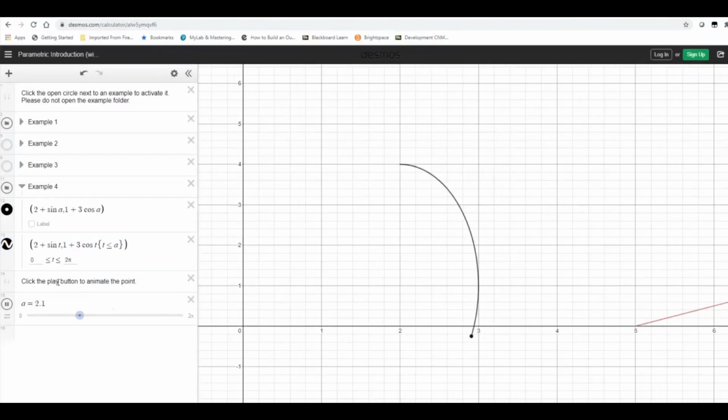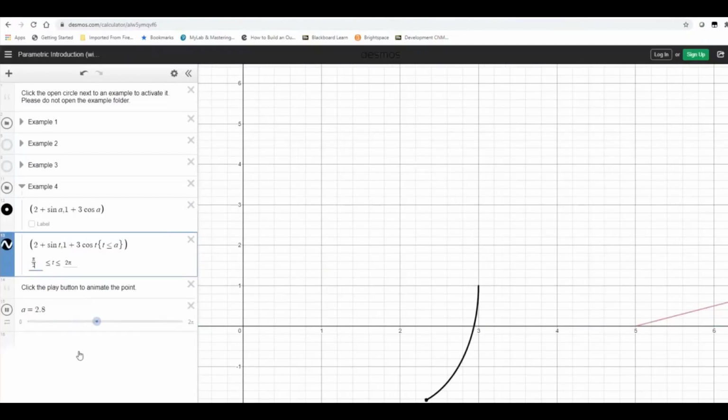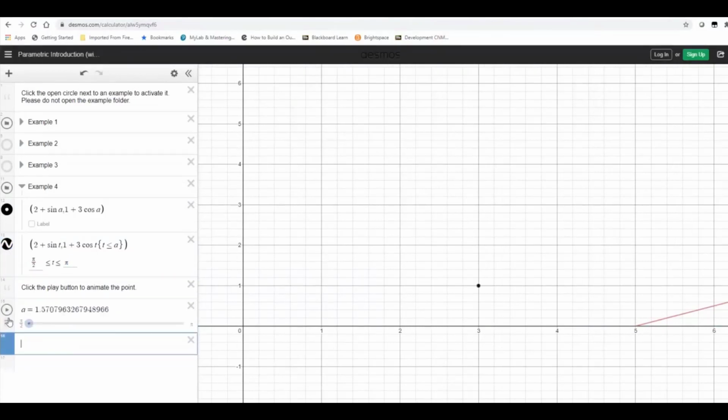And if we further change this to be the given values, like pi over 2 to pi, you can see what that would do. Notice that that would just do the bottom corner of that ellipse.